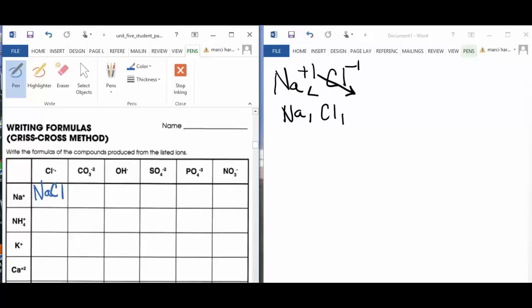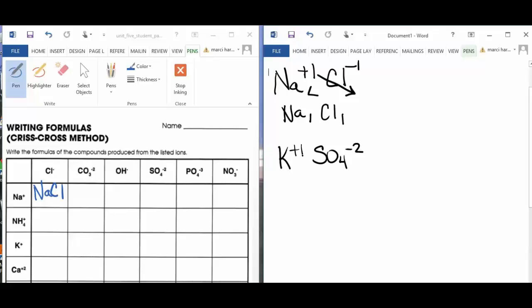The next one that I want to work with you has a polyatomic ion in it. Let's do the potassium K. Come over here and write the K+1. And I'm going to combine that with sulfate, which is SO4, with a -2 charge. Now with that crisscross method, we're going to do the same thing.